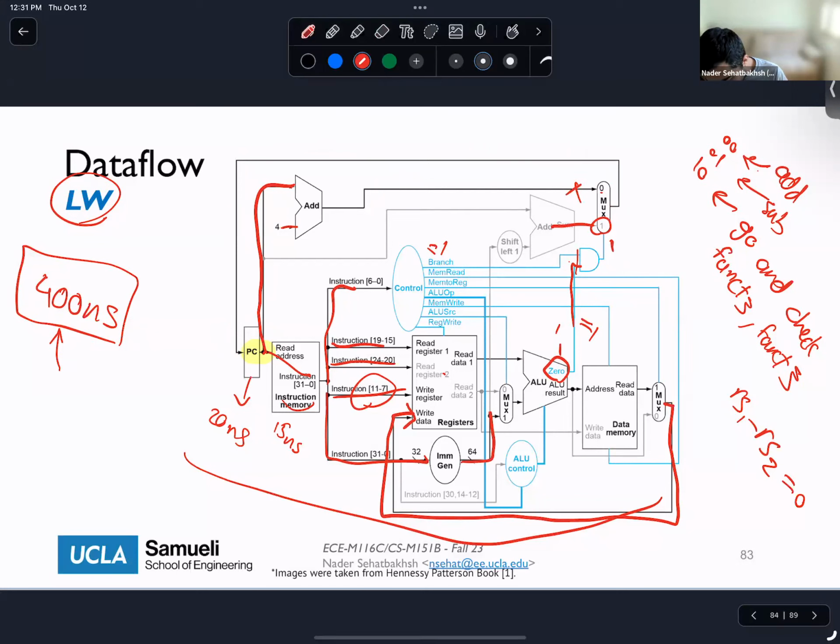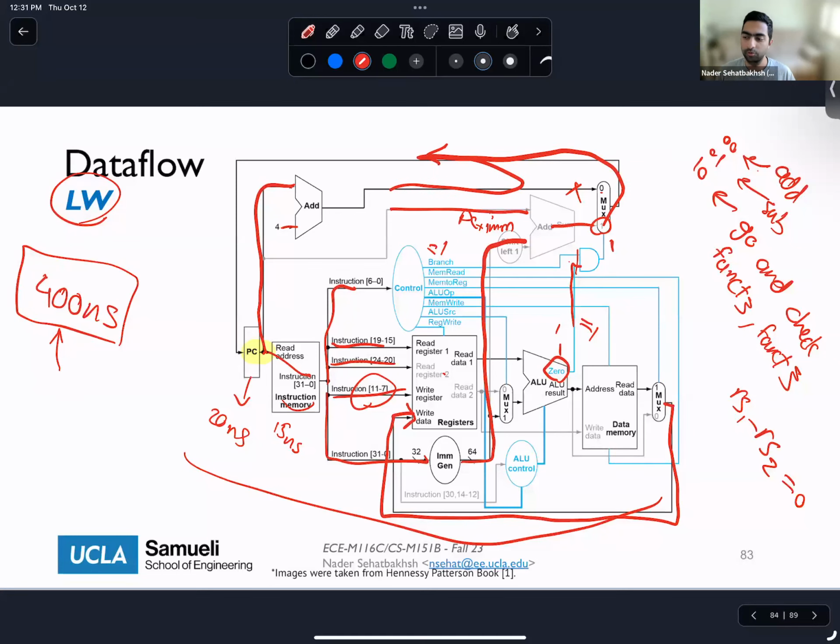And what is this path? This path is immediate plus PC. So PC plus immediate. Remember, we had the jump and we had to update the jump. So here we're going to get PC plus immediate. Otherwise, we get PC plus 4, okay? So this is for the jump instruction. If the condition for jump is true, then we need to jump, okay?